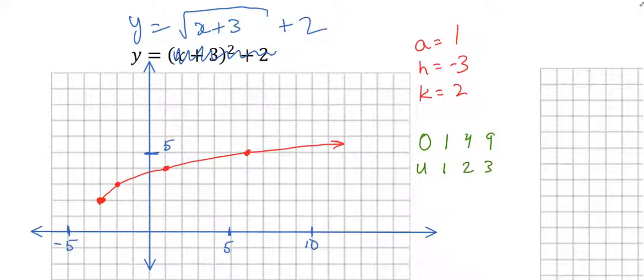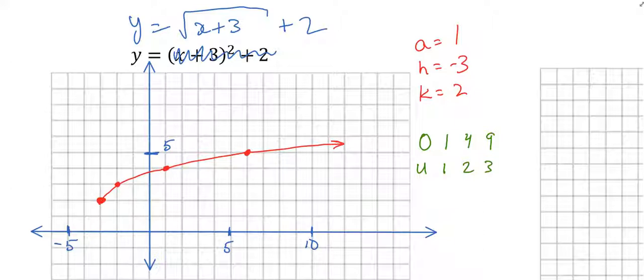How do you know that it goes to the right? Because of the negative 3. It's always going to go to the right. They can go to the left, but we're not going to look at graphs like that. You know how the A value can make it reflect in the x-axis? There is something that will reflect it in the y-axis.